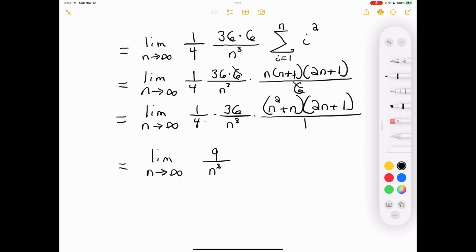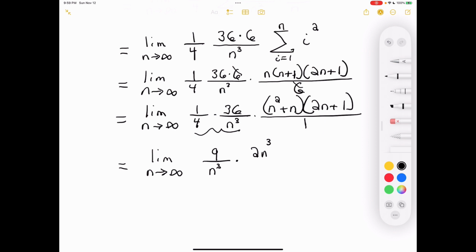36 divided by 4 is just 9. So this whole thing just becomes 9 over n cubed. And this top here becomes 2n cubed. We're going to FOIL this out.